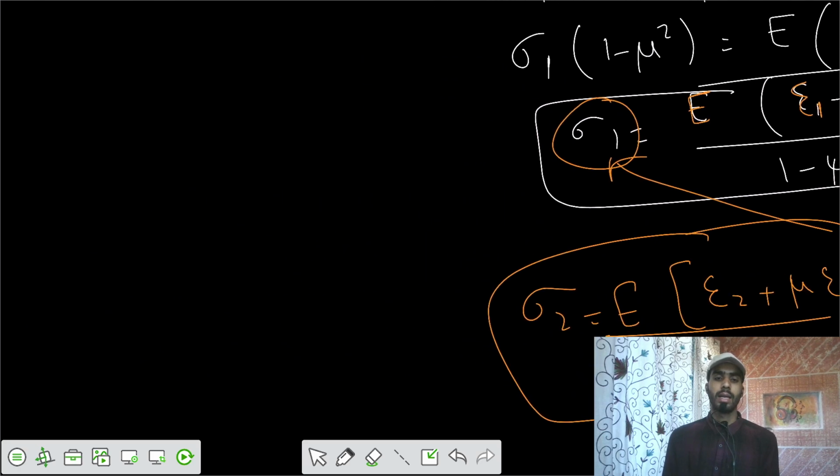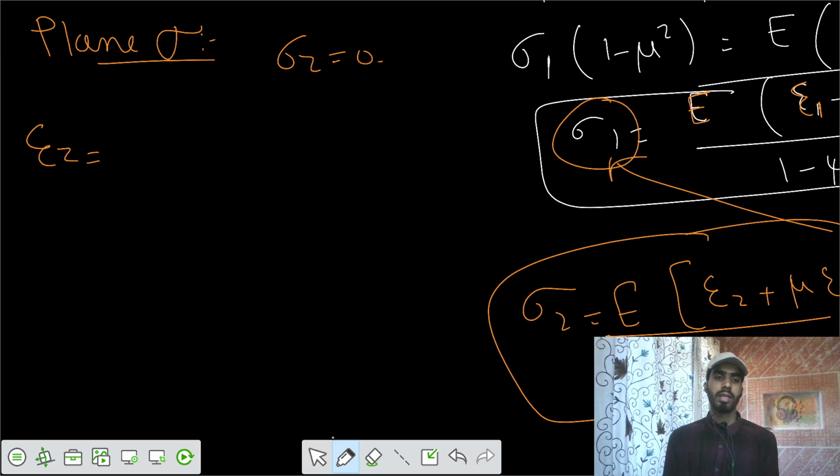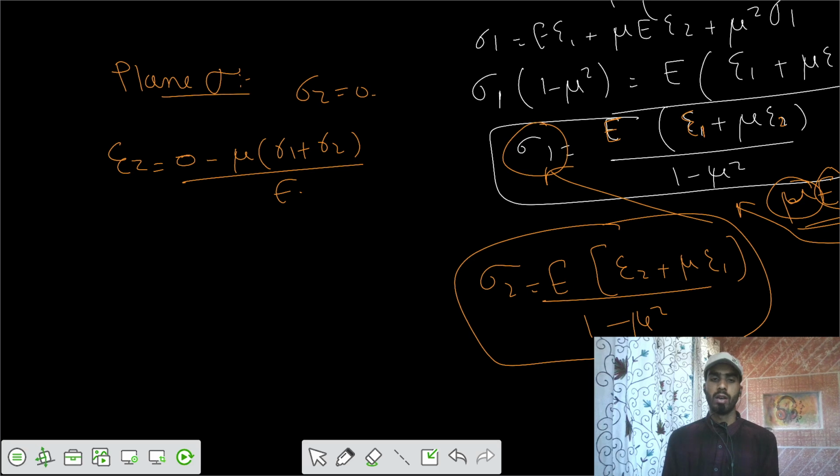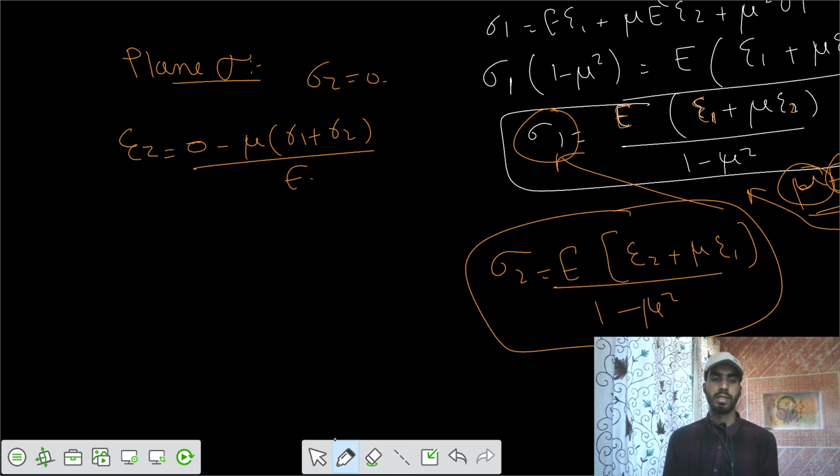Let's say we are talking about the plane stress condition. We know that for plane stress condition, sigma z is 0, but strain z can be there because of the Poisson ratio. So we write 0 minus mu times (sigma 1 plus sigma 2) by E. If we substitute the value of sigma 1 and sigma 2 here, then we see the value of strain in z. That means minus mu by E times the value of sigma 1 plus sigma 2.